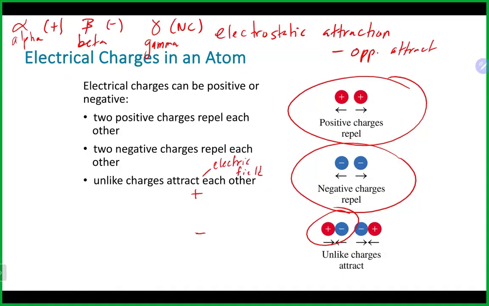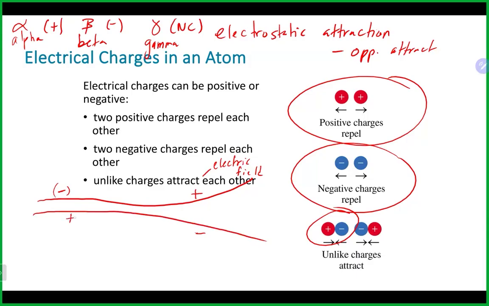If you were to shoot a particle through an electrical field and you saw the particle bend towards the positive side, that would probably tell you the particle has what type of charge? Negative, right? Opposites attract. If you shot a particle through an electrical field and it bent towards the negative side, then you know probably that guy is positive.